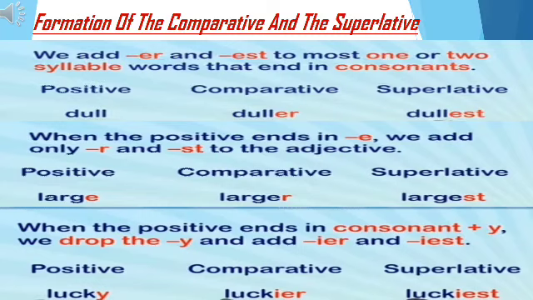For example, large, larger, largest. Next is when the positive ends in consonant plus y, we drop y and add ier and iest. For example, lucky, luckier, luckiest.